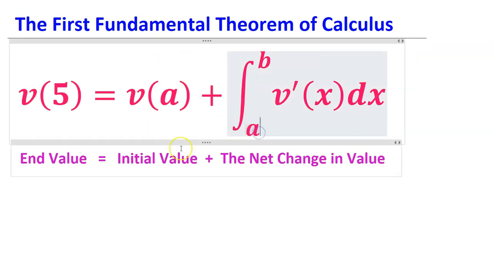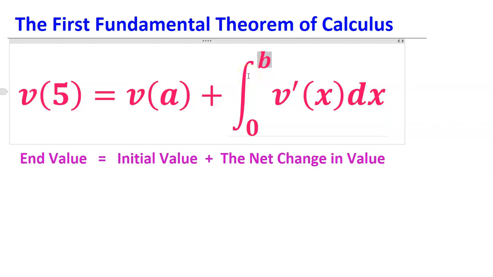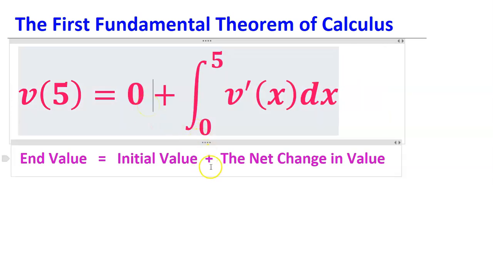First of all, the initial time is time 0, so that's going to be my lower limit of integration. And my end time, as we just said, we want to find the volume at t equals 5. So that's my upper limit of integration, is that end time. And we know that the initial volume is 0. So V at time 0 is 0. So we can just go ahead and put a big old 0 right there.